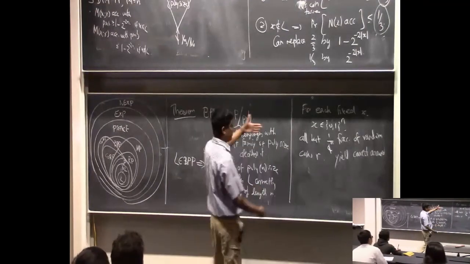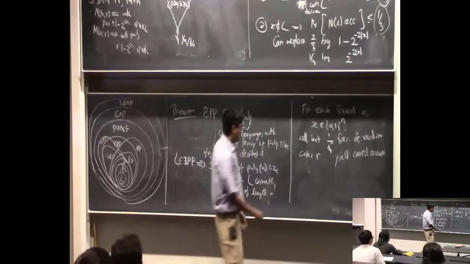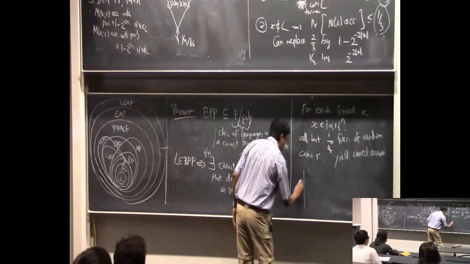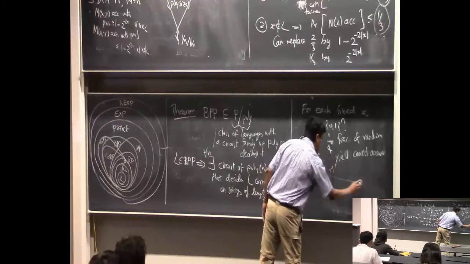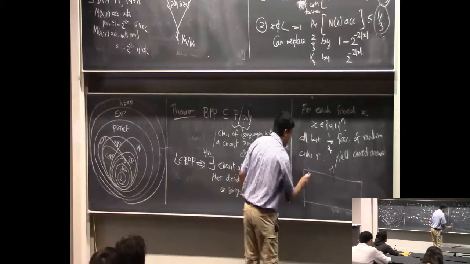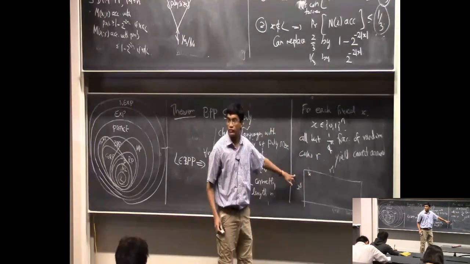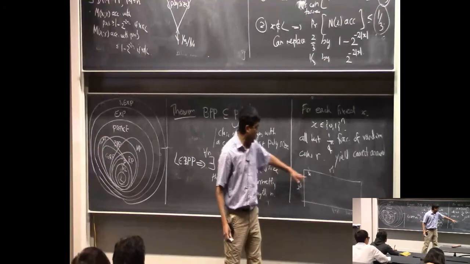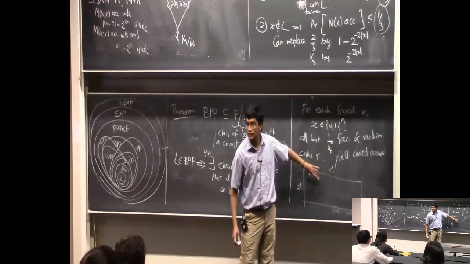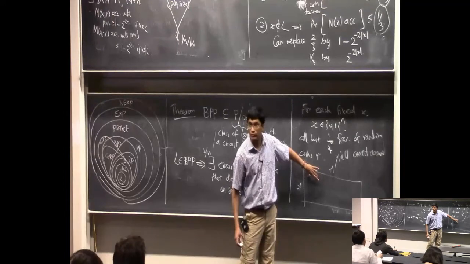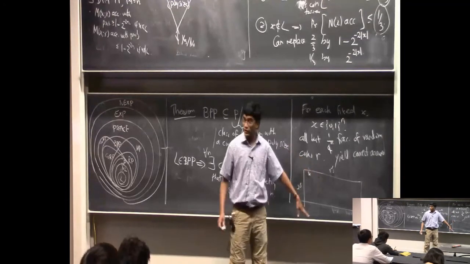So you can think of it in terms of a matrix. Think about x's here and R's here, and you put a cross mark if that R is bad for a particular x. So we know that each row has only 1/4 to the n fraction of bad R's, but there are only 2 to the n rows.